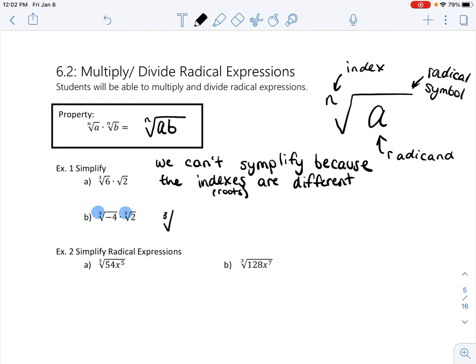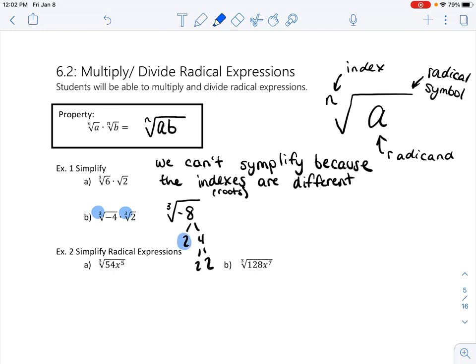So all you do is you multiply -4 times -2. And you get the cubed root of -8. Now we need to pay attention to what is underneath this, because if you can simplify our radical, whether it's a square root, cubed root, fourth root, you should try. So I'm going to take my prime factors.